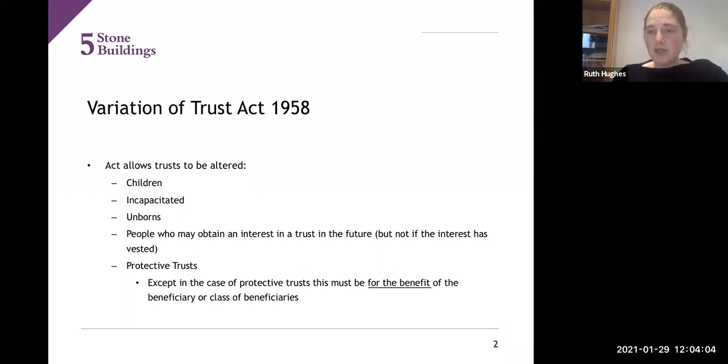I did have a case recently where Master Marsh was willing to undertake a variation, even though some of the remote beneficiaries did not consent, hadn't asked to consent, on the basis that it was for the trustees to decide if they were willing to undertake a judicious breach of trust and ignore those interests. But in general, you're going to need all the adult beneficiaries of the trusts to consent to the variation as well. In terms of what benefit is required, neutral is not enough.